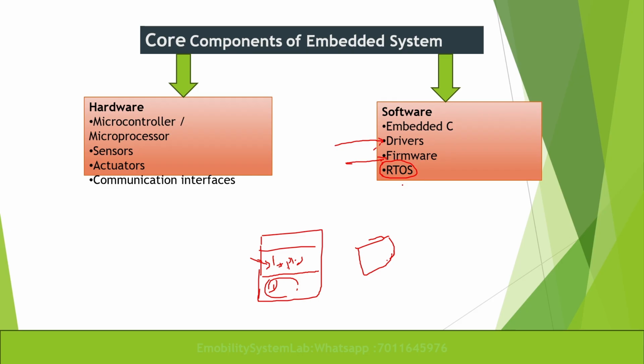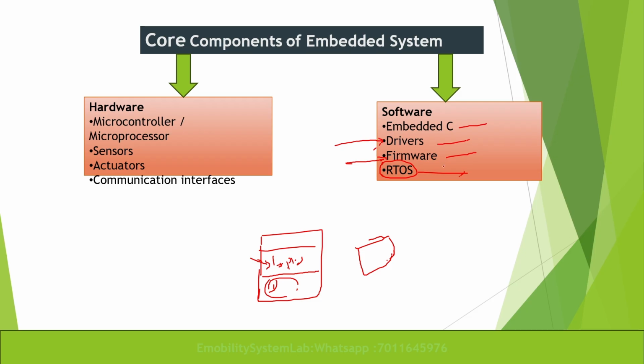Timing is very important in embedded systems, and it is a very in-demand skill. Every company asks for FreeRTOS. You should know embedded C, you should know driver development, you should know firmware logic writing, and you should know FreeRTOS.